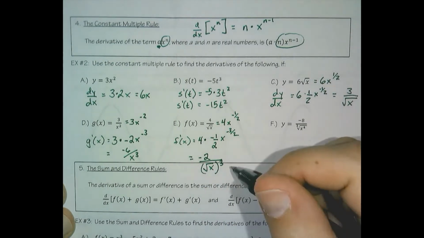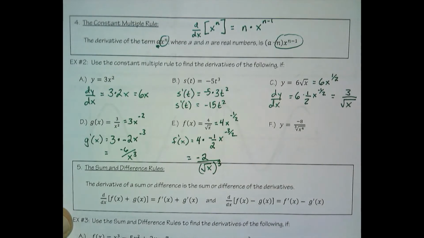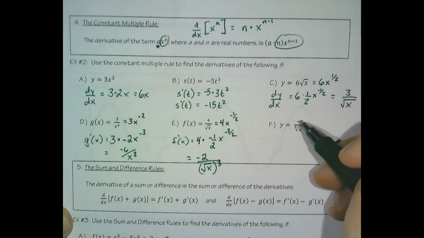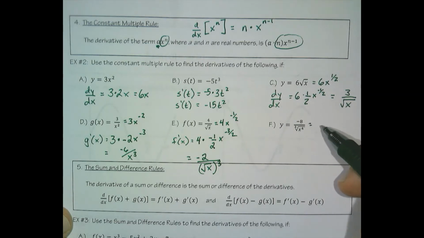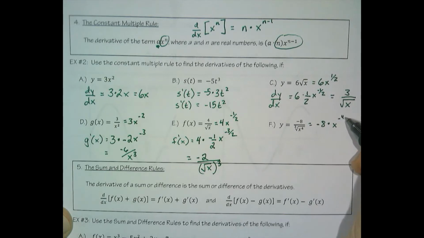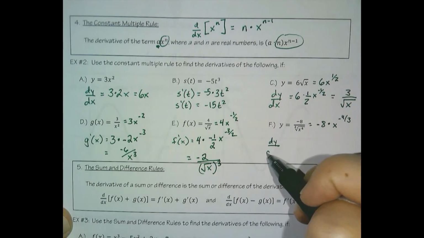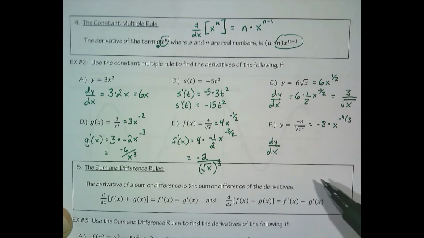I need to make a little more space in the notes here. Okay, and the last one here using the constant multiplier, again rewriting this, negative 8 times x to the negative 4/3. So when we take the derivative of y, we can write it as dy over dx.